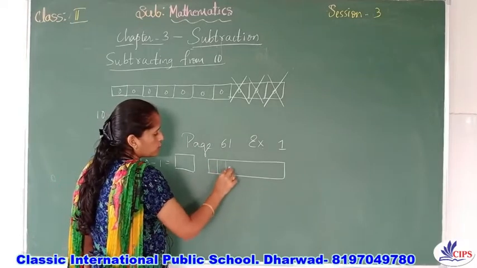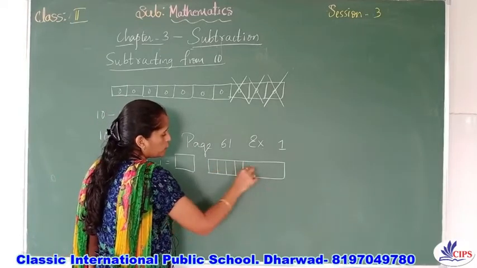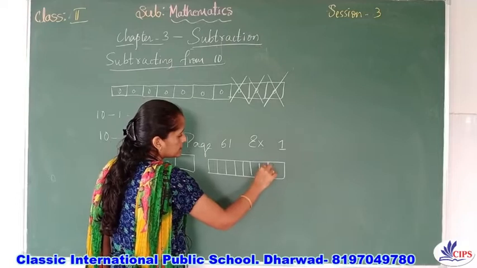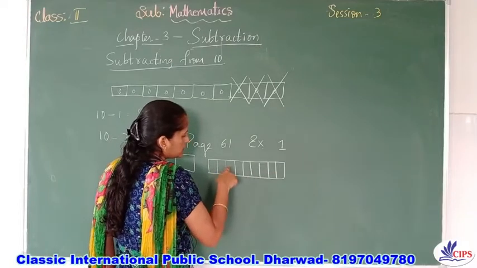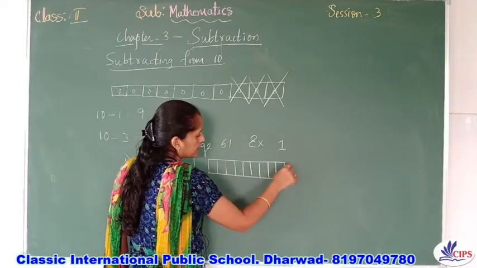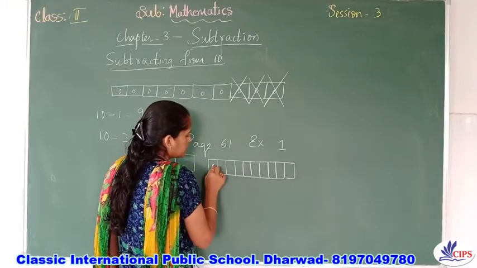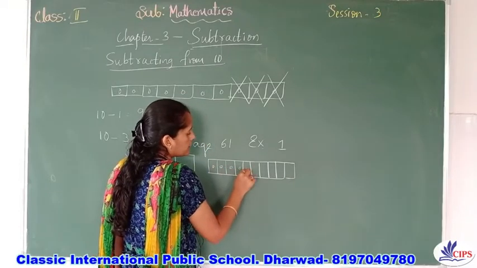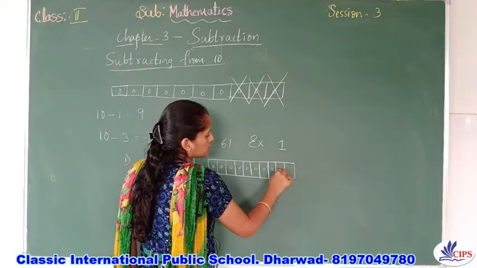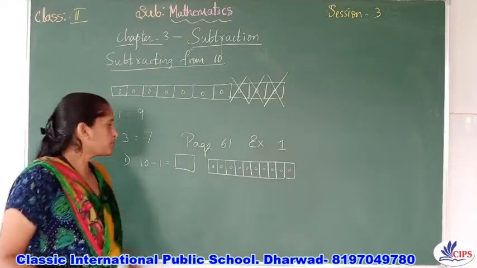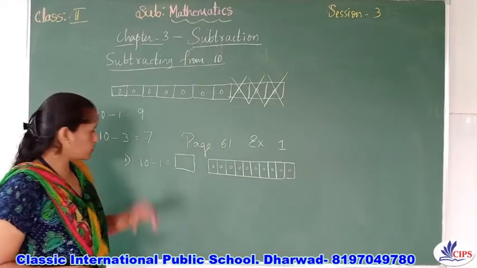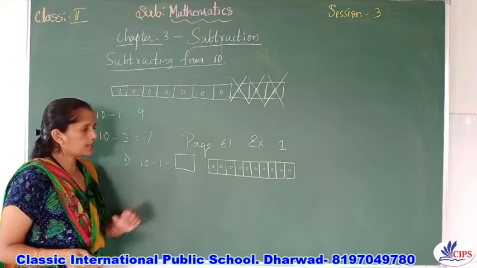Like this you can draw small blocks: 1, 2, 3, 4, 5, 6, 7, 8, 9 and 10. Here I have drawn 10 blocks. This also you can do in your textbook, drawing small blocks. 10 minus 1.